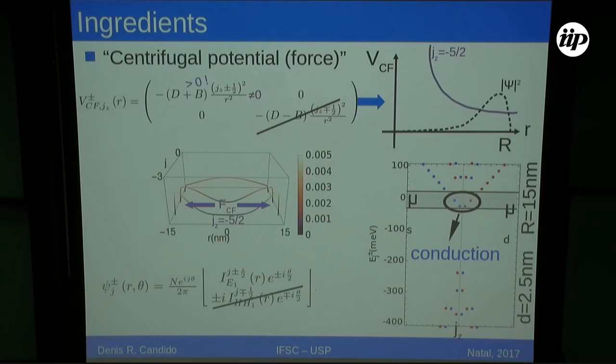In order to have localized trivial helicoid states, I do need a centrifugal potential like this one, which means that I need this BHZ effective parameter greater than 0. If I have minus D plus B greater than 0, then I will have a centrifugal potential like this, and as a consequence, I observe some wave function near my radius.